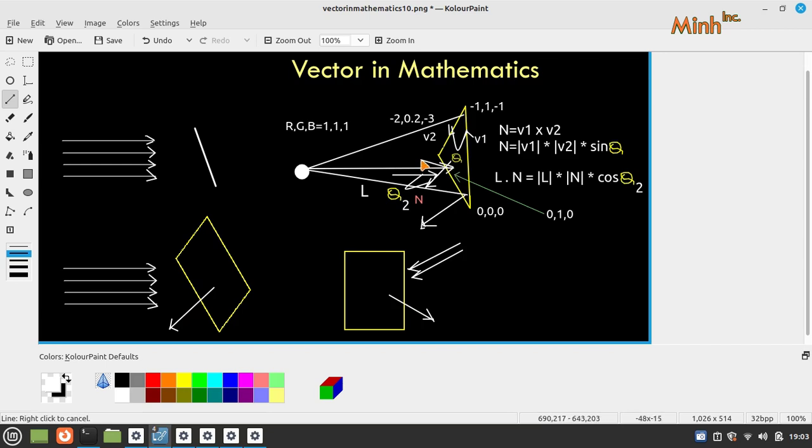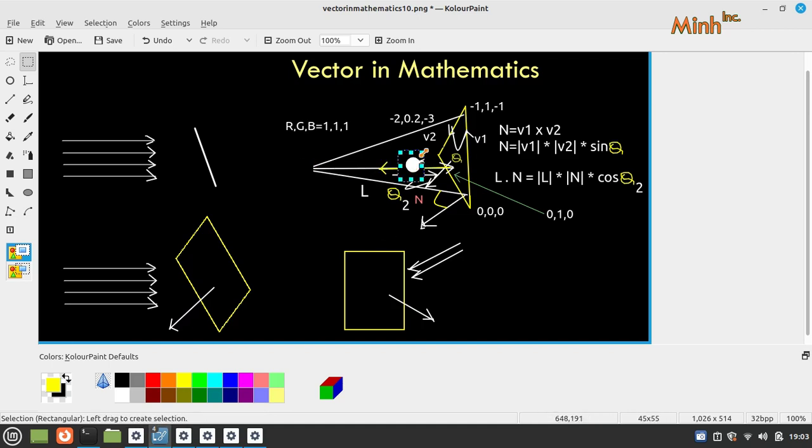For this area, the normal is in the same direction, so the angle is 0. For this area, there is an angle. There is an angle.